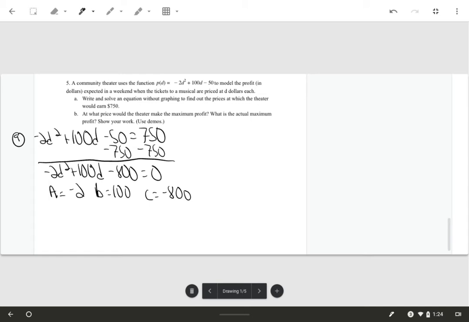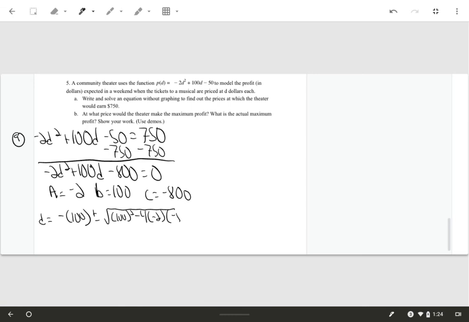When I put that into the quadratic formula, remember it's negative B plus or minus the square root of B squared minus 4 times A times C, divided by 2 times A. So I'm going to write this up here.